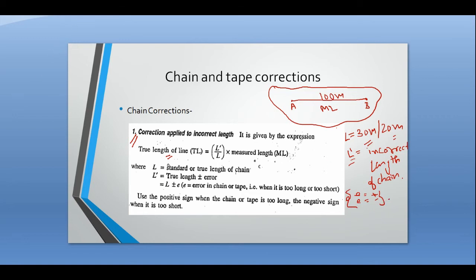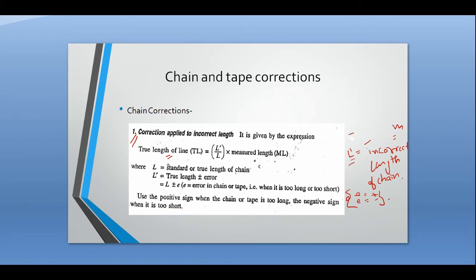So at last, remember how to calculate the true distance, because the instrument does not have a standard length of exactly 20 meters or 30 meters, which are the two standard lengths available in the market. So how to get the true length?